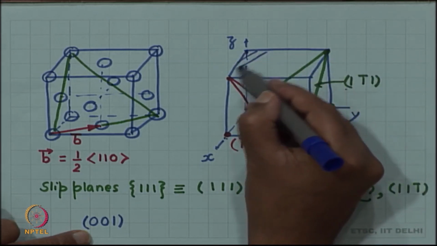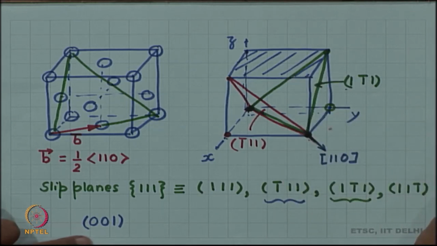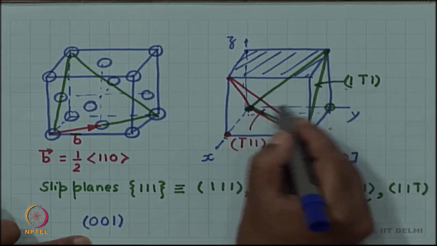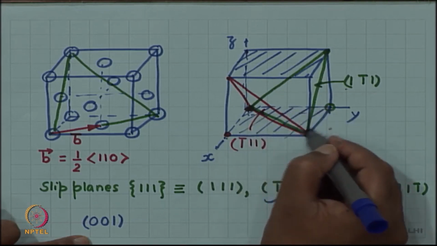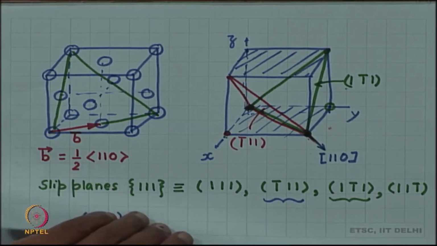So, it is this kind of plane which is the 0 0 1, the face of the cube. Now, the face of the cube is not the slip plane. So, in this particular drawing, this face will become the new slip plane of the resulting dislocation line.